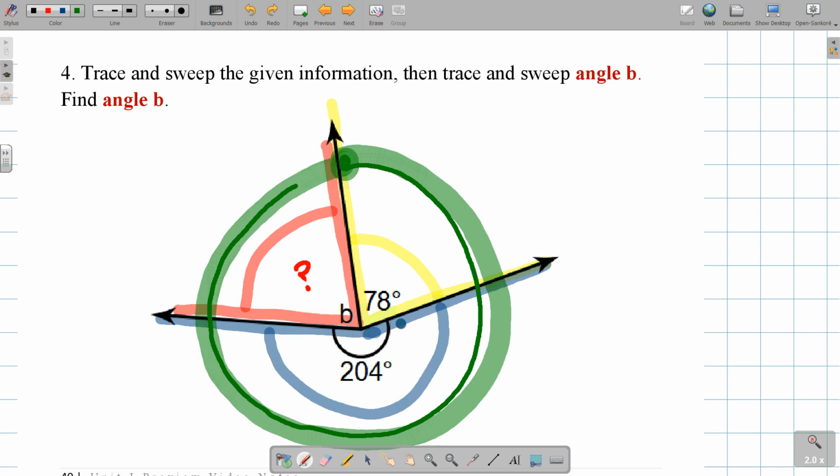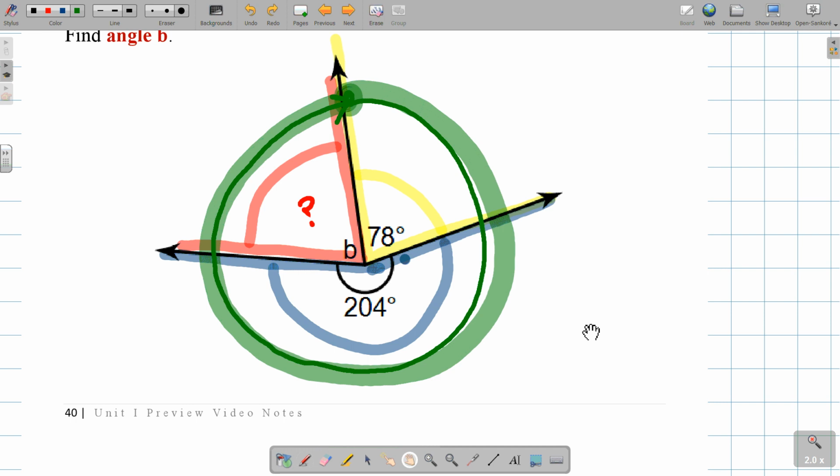Okay, let's check. You should have added and figured out that 204, and then you did 78. We add, that's 12, carry the 1, that's 8, and that's 282. But then that green is 360 degrees. It's a circle.